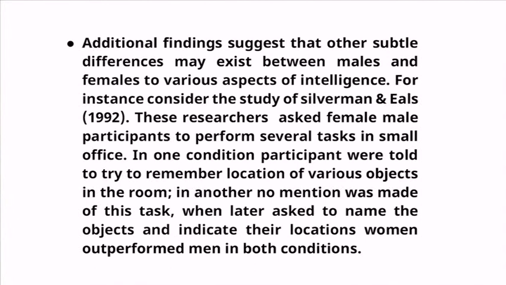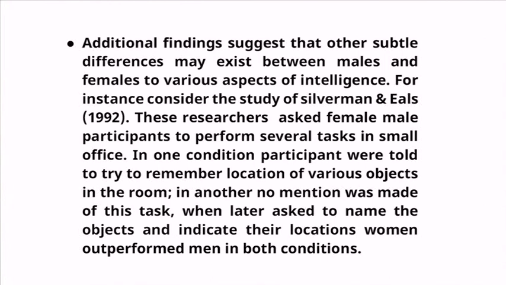In one condition, participants were told to try to remember the location of the various objects in the room. In the other, no mention was made of this task, and participants were later asked to name the objects and indicate their locations. Women outperformed men in both conditions.